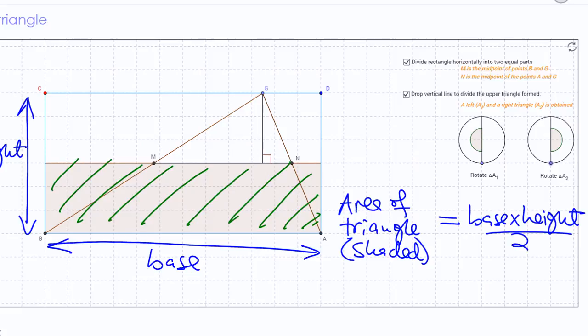Remember, here we have the base of the rectangle and the height of the rectangle divided by 2. That gives us the area of the shaded part, and the area of the shaded part is the area of the triangle that we had initially.